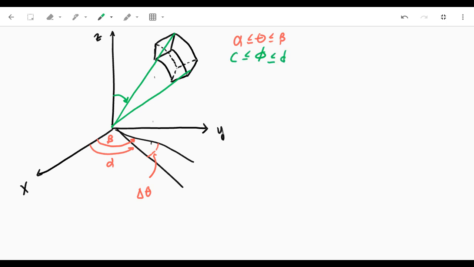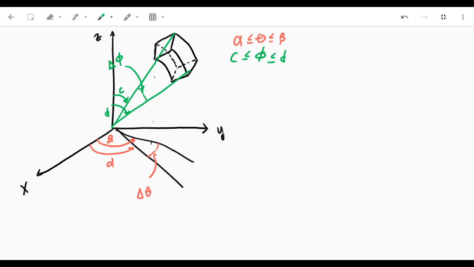Maybe they're running out of letters. Okay, C and then D, which then makes this distance here delta phi, the difference in those angles.